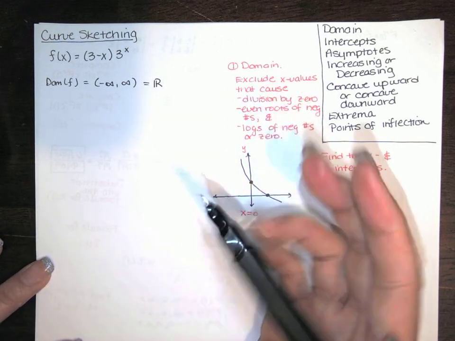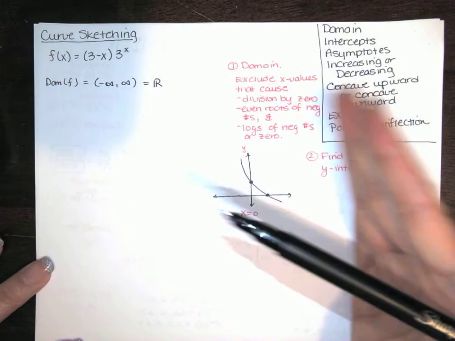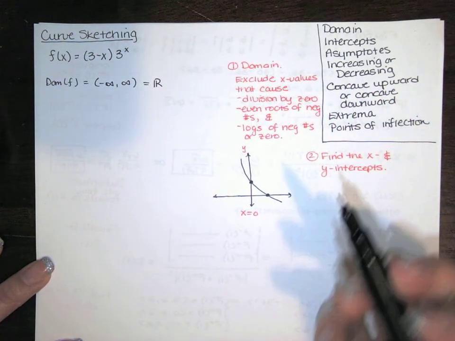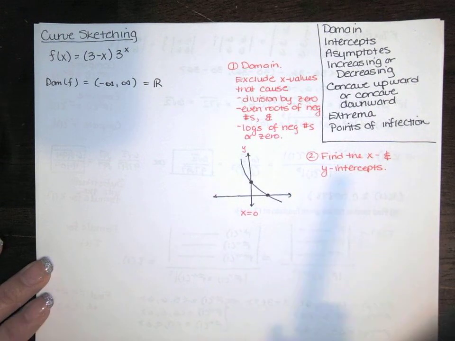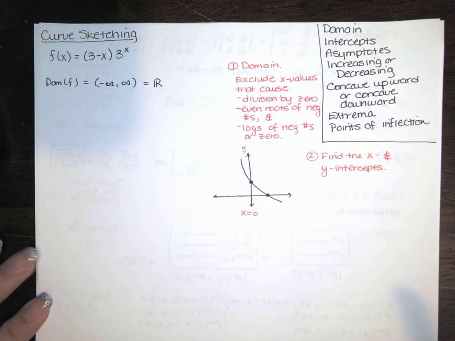It's that x value in the middle between all the negative numbers on this side and all the positive numbers on that side. So to find the y-intercept, we set x equal to 0 and solve for y.